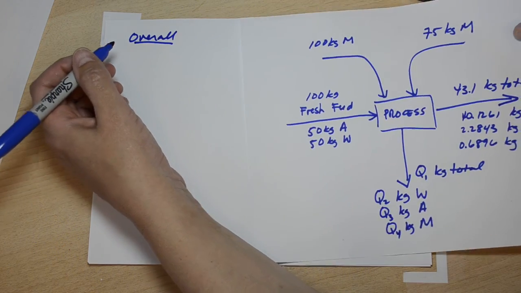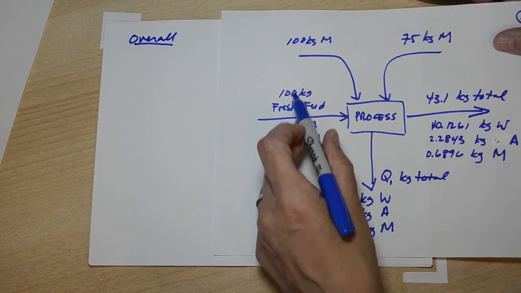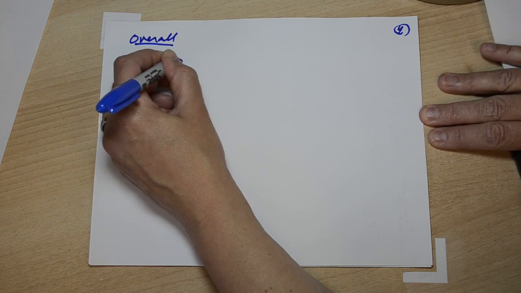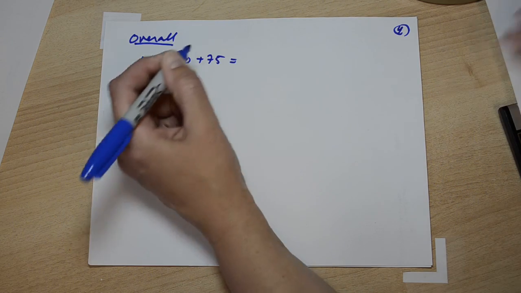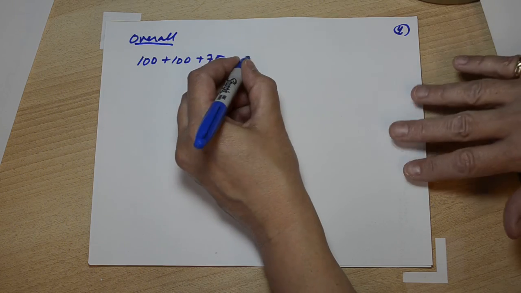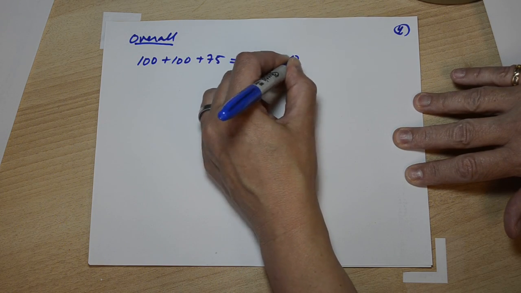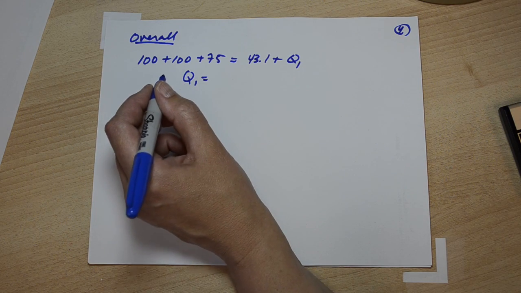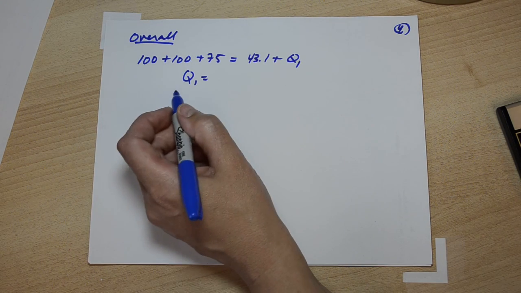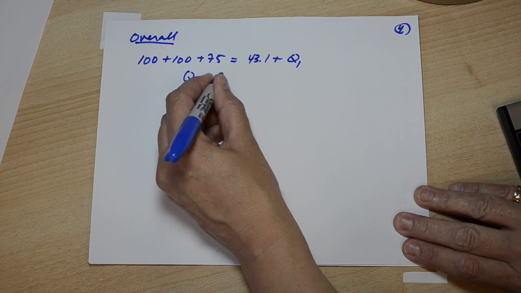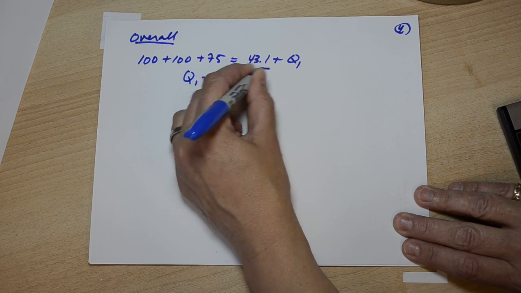And so the mass in is 100 plus 100 plus 75. And the mass out is 43.1 and Q1. And so we now know Q1. It's 231.9 kilograms.